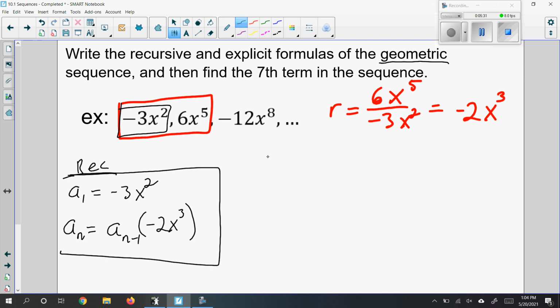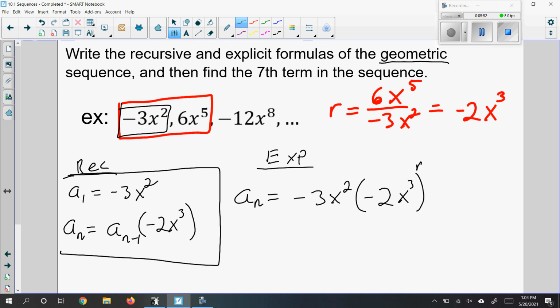Now let's find the explicit formula. Explicit formula is a sub n equals a sub 1, which again is negative 3x squared, times r, which is negative 2x cubed, to the power n minus 1.